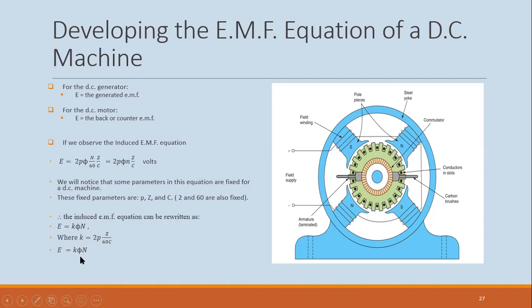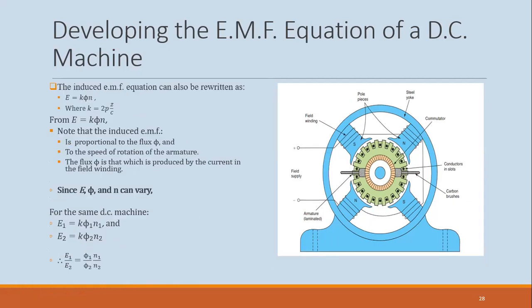We're going to use that relationship in our calculations and further analysis of the machine. I could also write it in terms of revs per second, so E is equal to K phi small n.